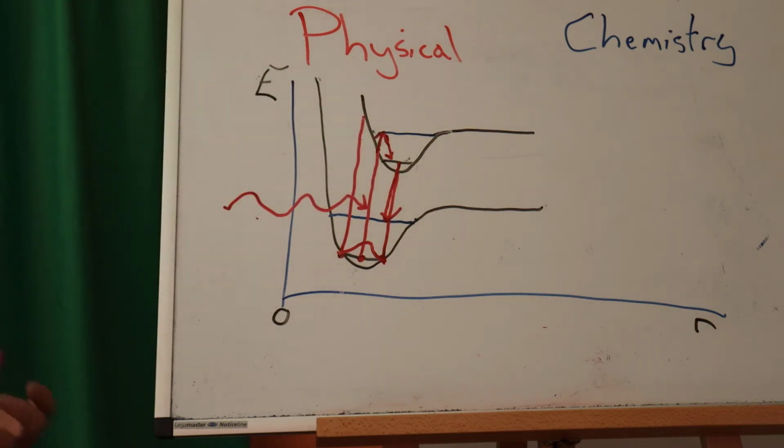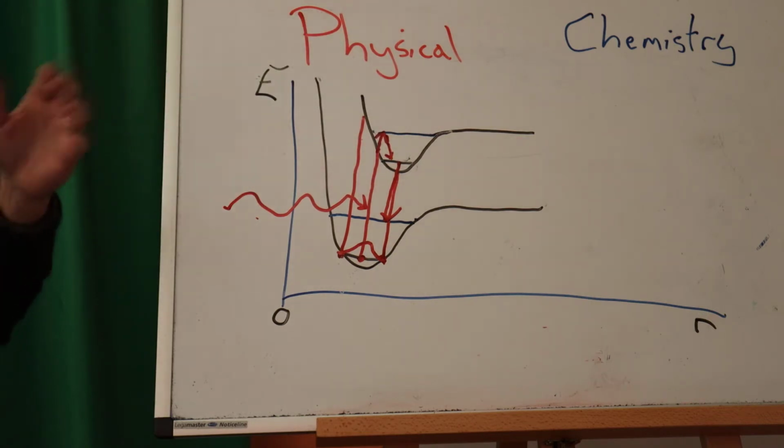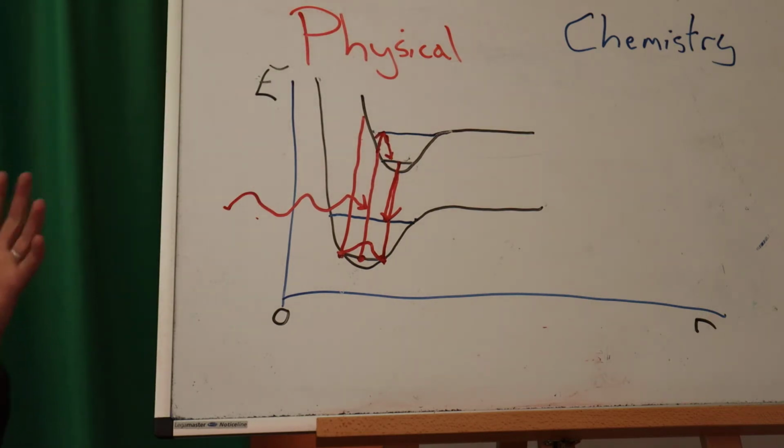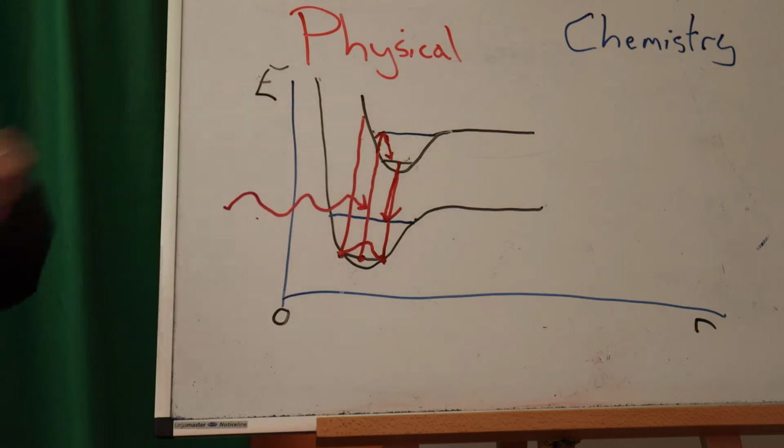In a real model, there would be a lot more vibrational excited states in between, and it's typically the second-ish excited state that the molecule will go into, and it's typically the second-ish one that it goes down to.